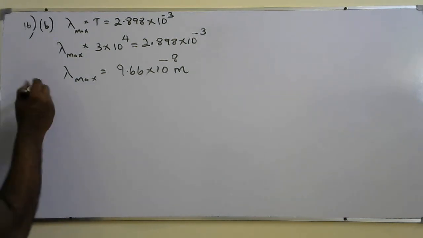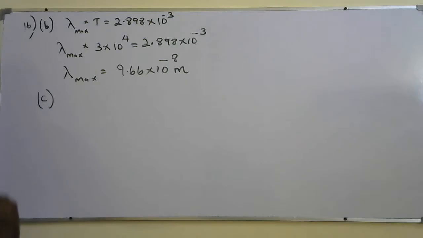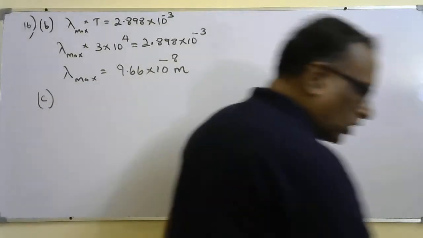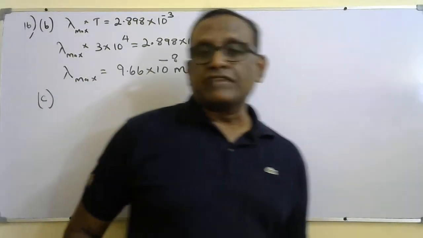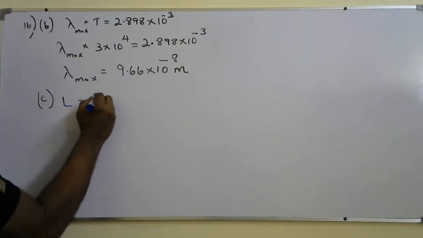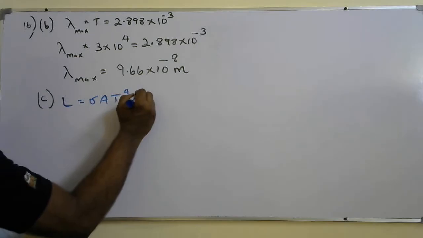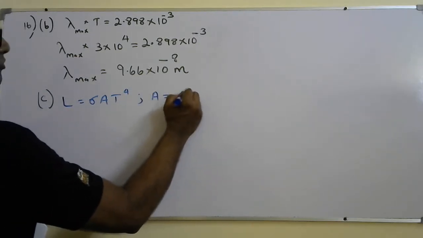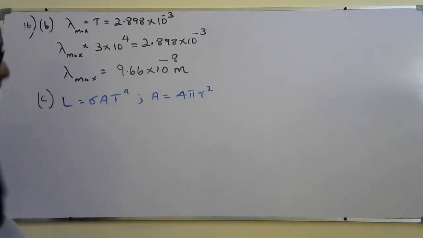C part, calculate the radius of Alnilam. So the equation that relates the radius and luminosity is the Stefan-Boltzmann equation, L equals sigma A T to the power 4, and we know that A equals 4 pi r squared for a spherically shaped star. So we need to substitute everything there.